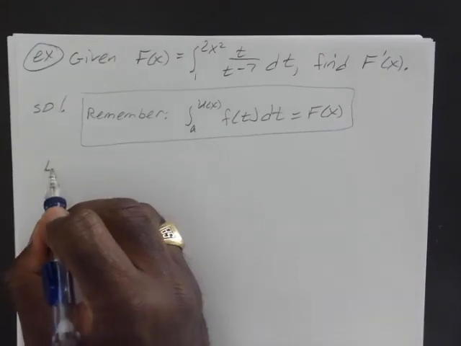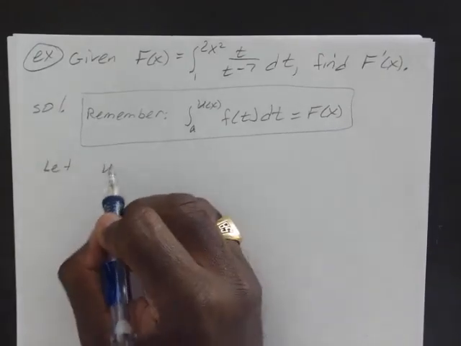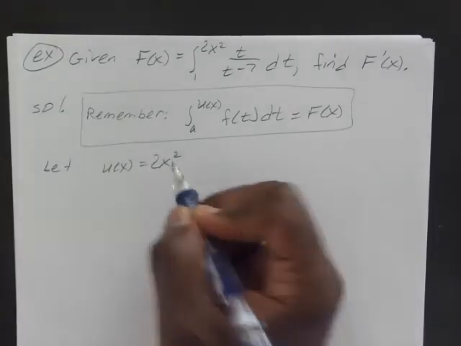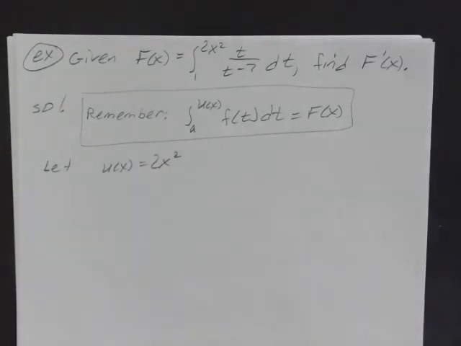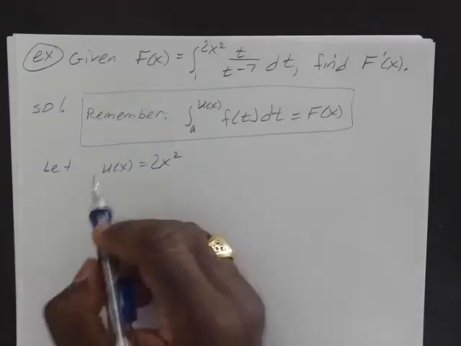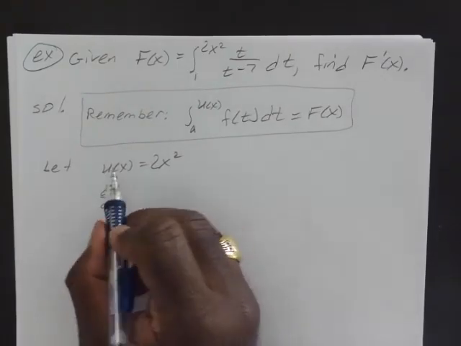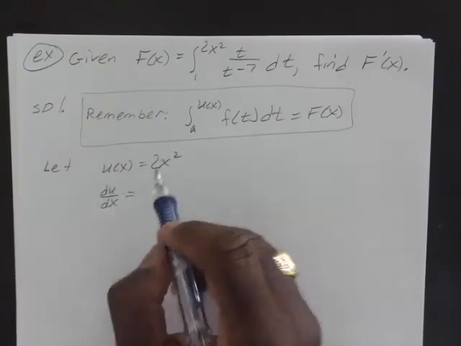Okay, so what if we let our u of x, or u, equal 2x squared? Which means our derivative of u with respect to x, or you could put u prime of x, is equal to 4x.